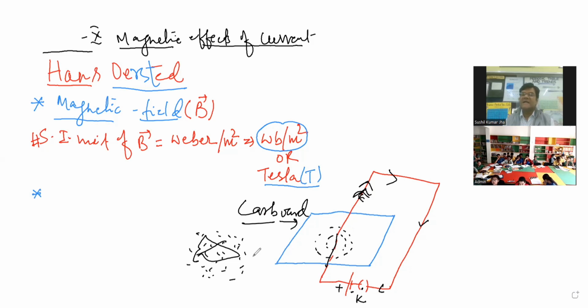These iron filings, which were scattered here and there, are getting arranged in concentric circles. See the magic happening. This signifies that around this straight wire there is a magnetic field, and that is why the iron filings are arranged in circles around it. So all of you draw this.